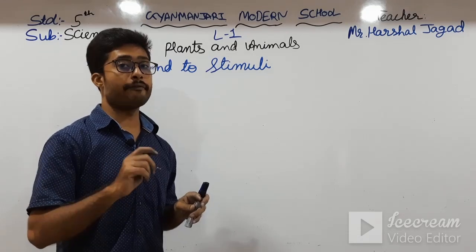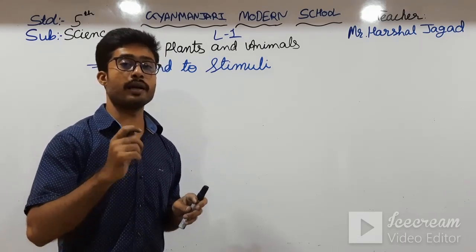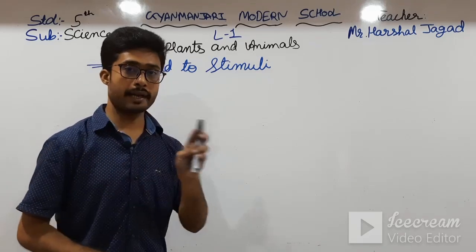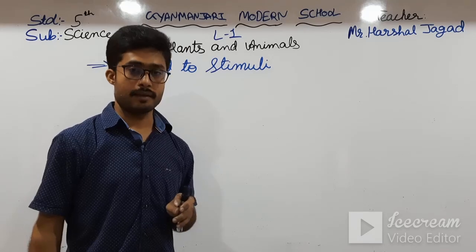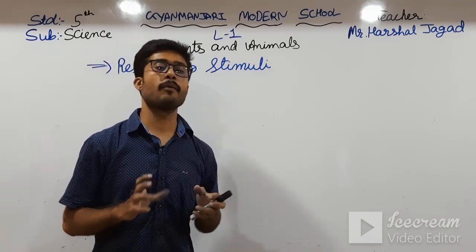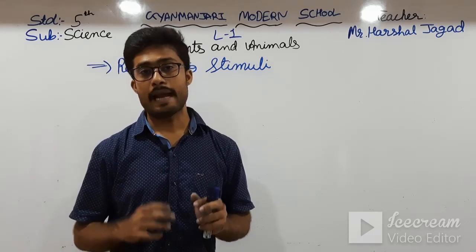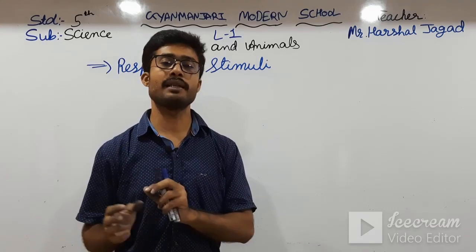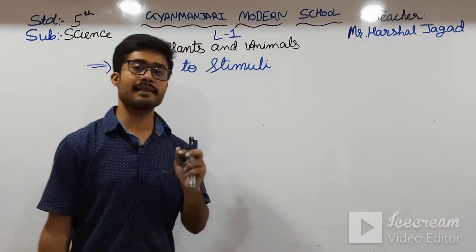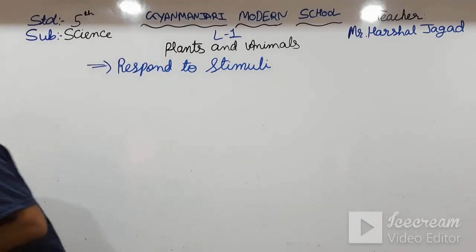If we show a stick to an animal, without hitting it, it will run away. Okay students, these are some of the stimuli which animals respond to. Animals respond quickly as compared to plants. Now let us see how plants respond.